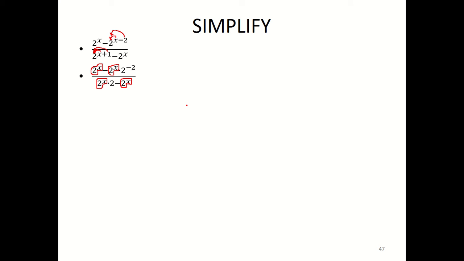In the numerator, where there's 2 to the exponent of x, I'll be left with 1. So if I take it out, obviously I'll be left with 1. And in the second term, I'll be left with 2 to the exponent of -2. I still have the minus in between. Nothing has changed.